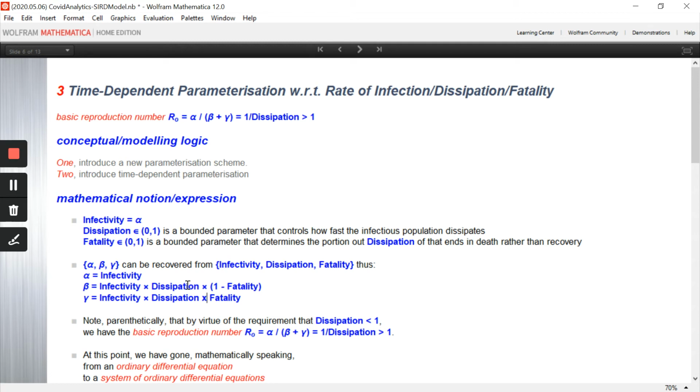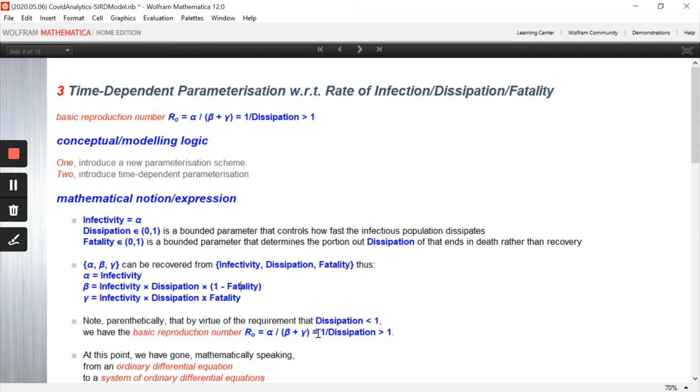In this case, you can set up dissipation and fatality to be bounded parameters. So basically, it maxes out at 1. It's constrained to be less than 1. The mapping between alpha, beta, and gamma and infectivity, dissipation, fatality is 1-to-1. So you're not getting any additional information.